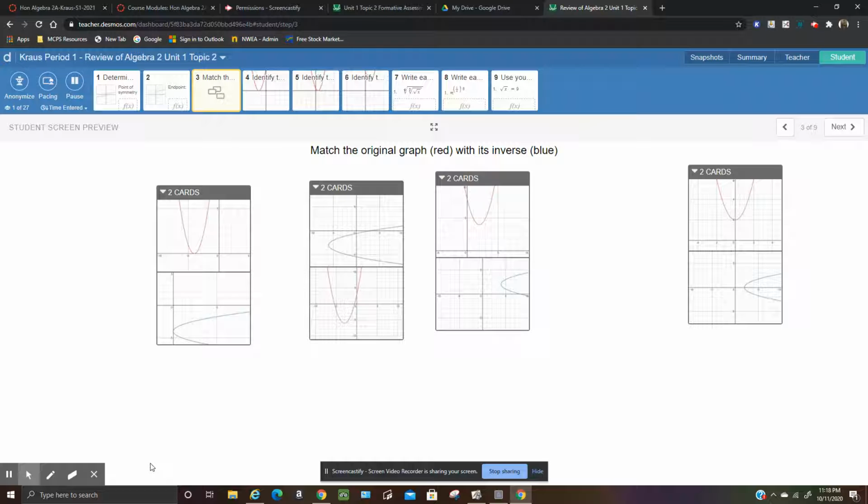So I'd look at the vertex on each one of these and then swap the x and y, and then find the blue one with that swapped x and y vertex.